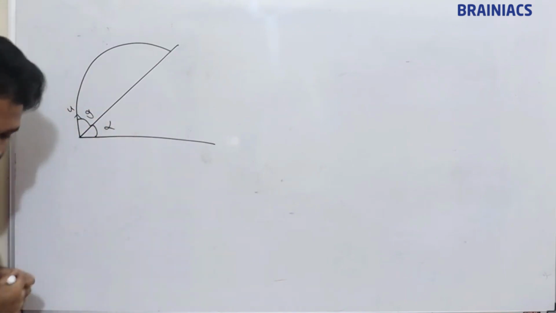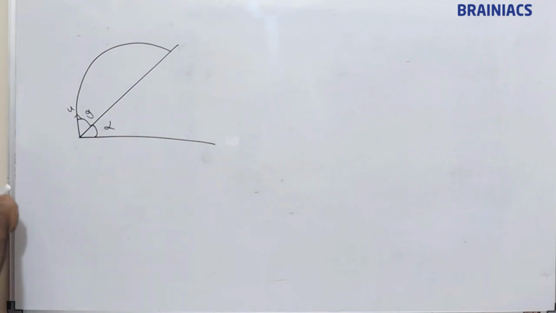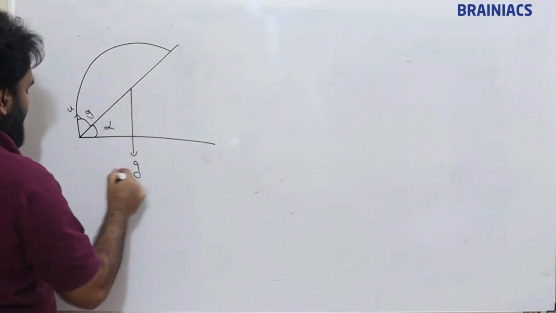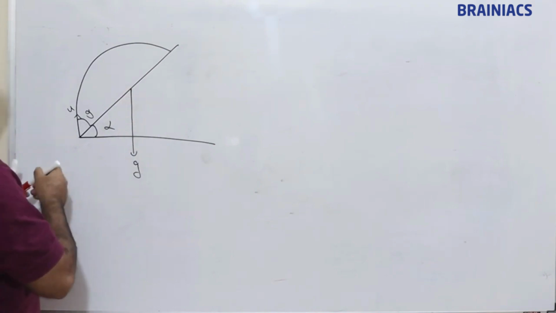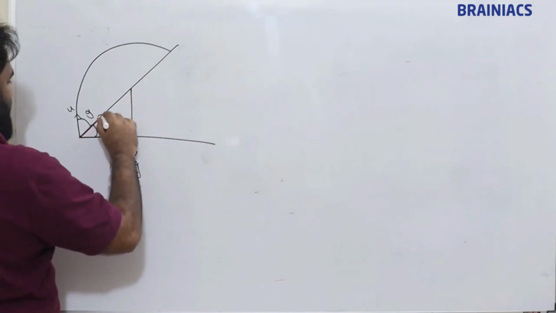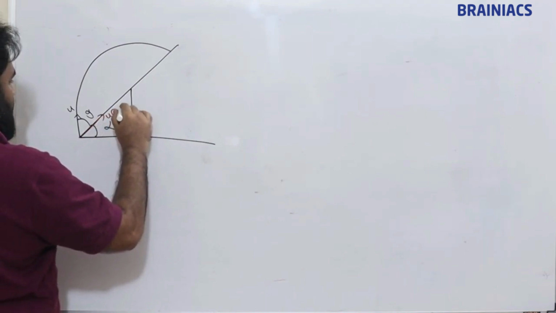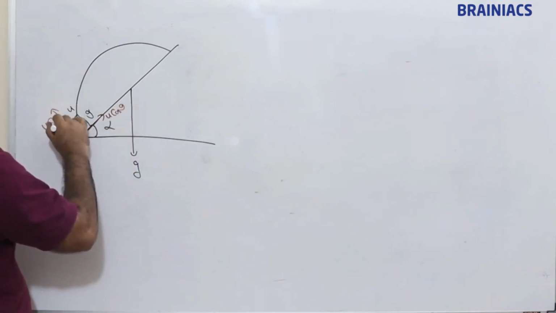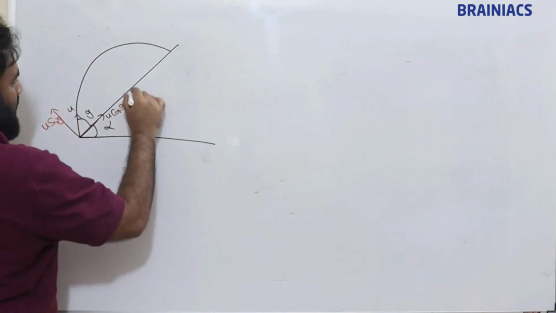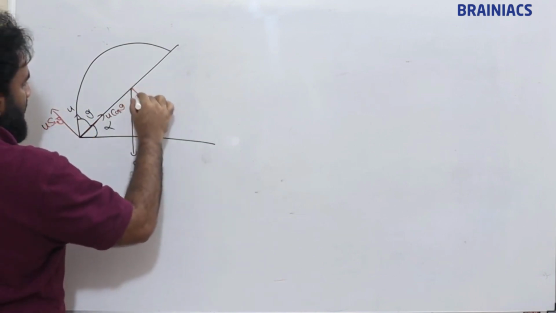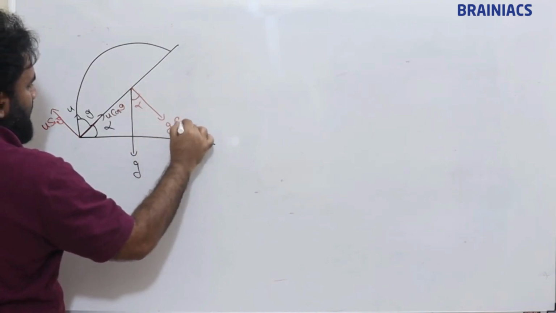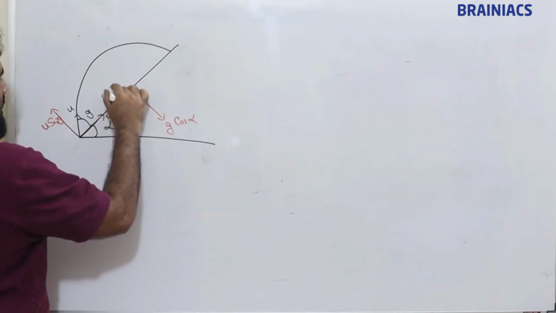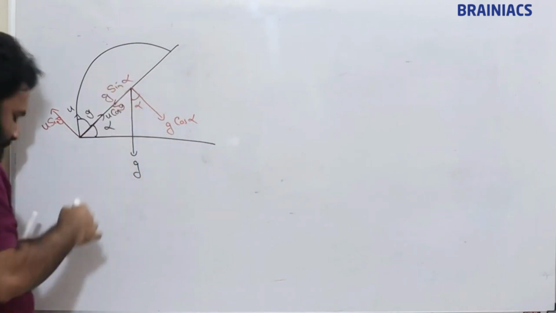Now what we will do, g is acting in the downward direction. Now we will resolve this. This is u cos theta and this is u sin theta. This is alpha, g cos alpha, and in this direction this is g sin alpha.